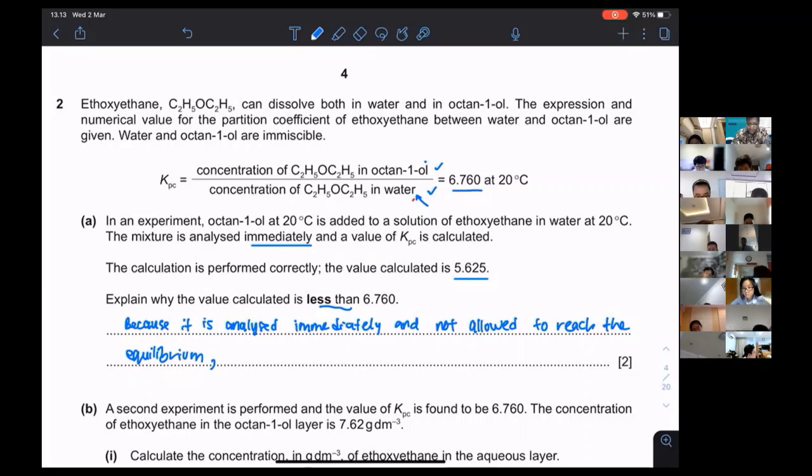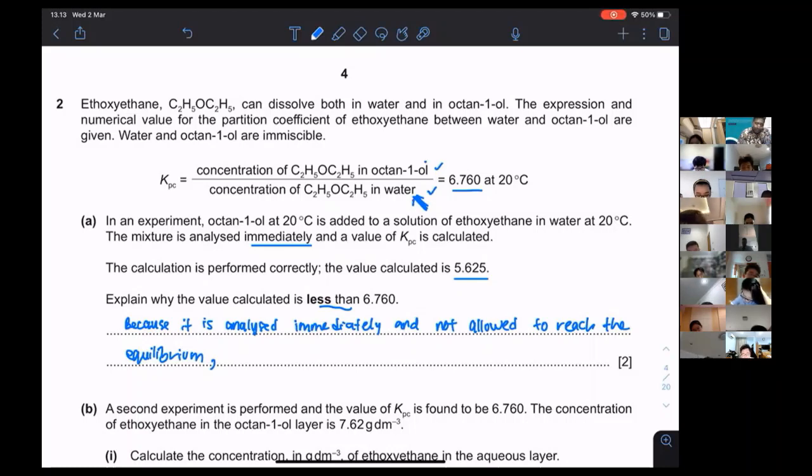If it is a smaller value, it means this value divided by that value is big, then only you will get a smaller value. So it means that there is a lot of ethoxyethane still in water.